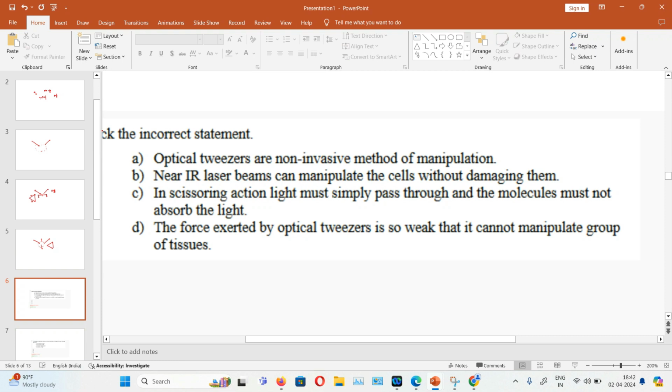Optical tweezers are a non-invasive method for manipulation. So we already discussed optical tweezers.